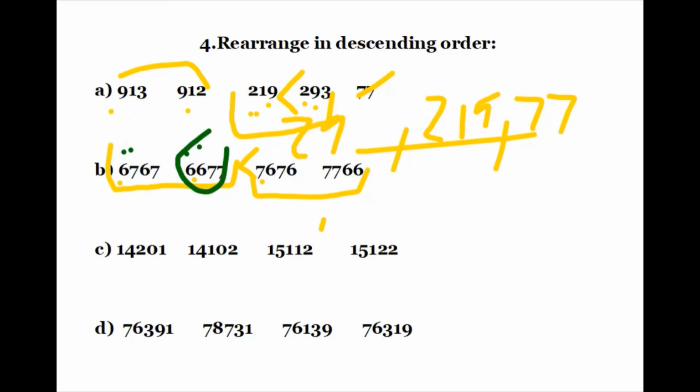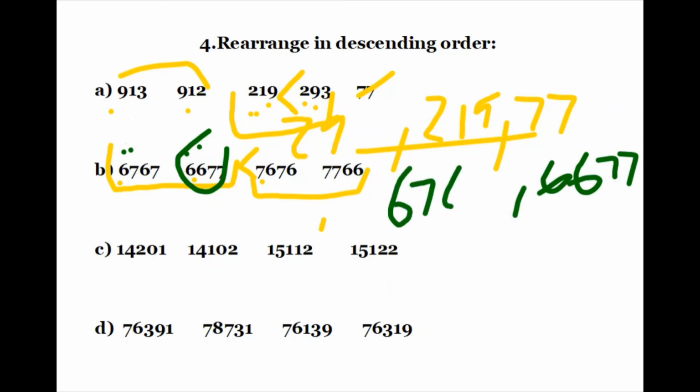We put it at the end. 6676. And this is our second smaller number, 6767. And then we are now left with these two bigger numbers.